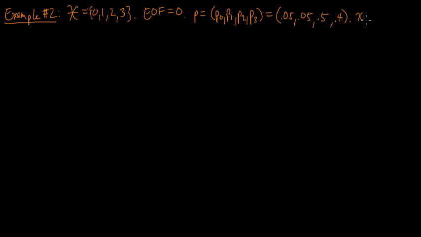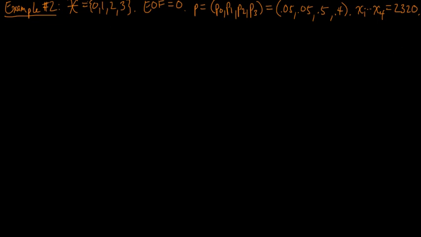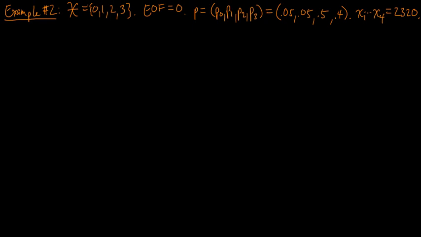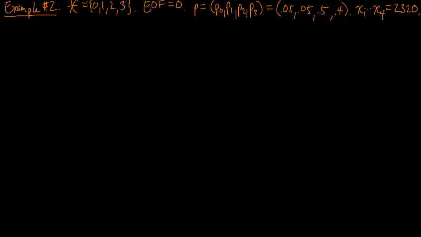And let's encode the sequence x1 up to x4, which is 2320. So this is our sequence to be encoded. Now we're going to do a similar thing to before. Let me squeeze that up to the top so we have lots of room to draw.